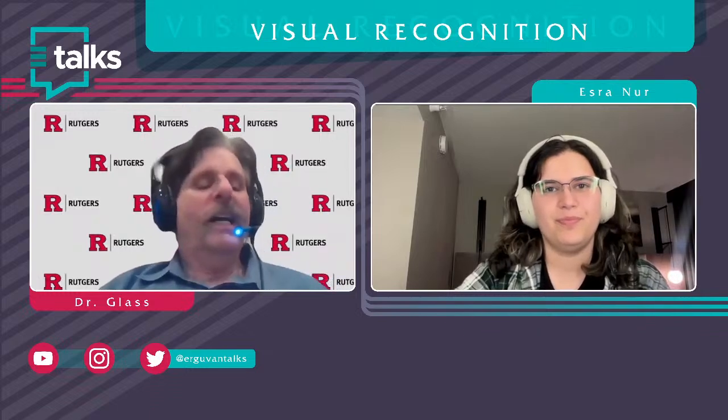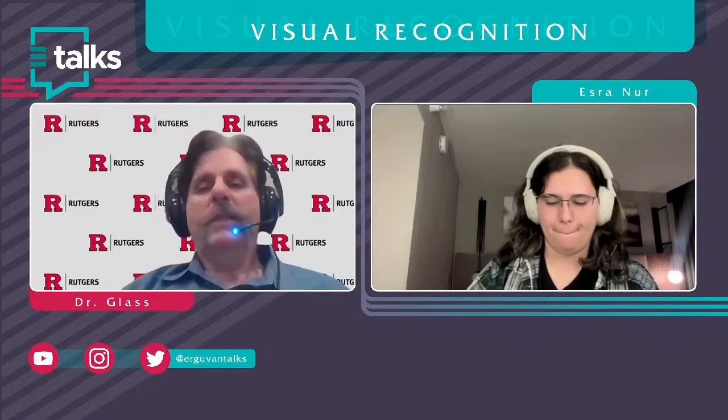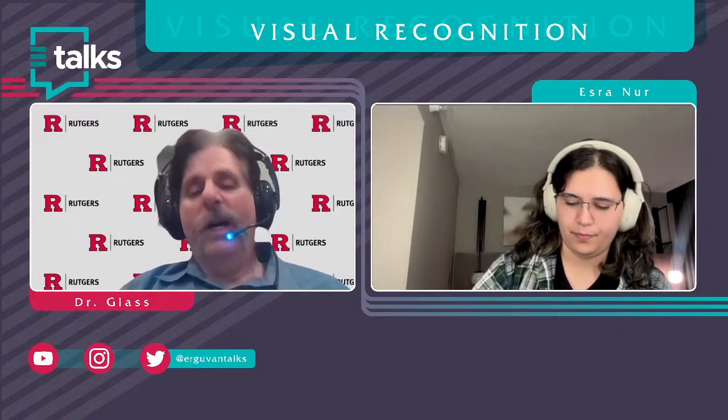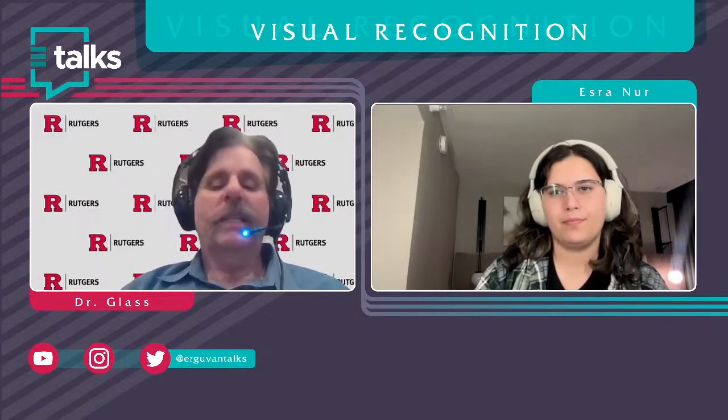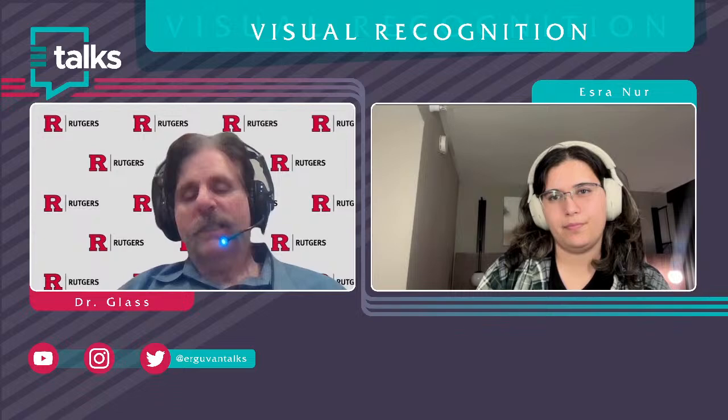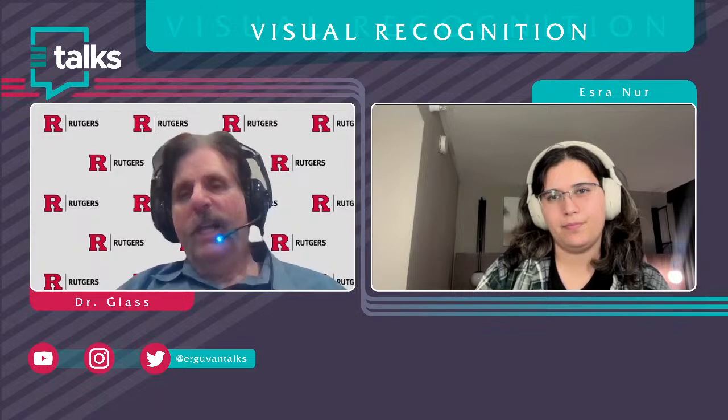All right. Well, I would definitely recommend the movie Memento, which has a remarkably accurate description of what it's like to have anterograde amnesia. I like to watch movies about amnesia.